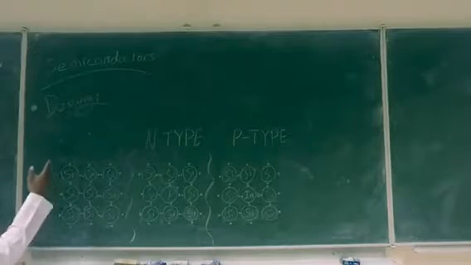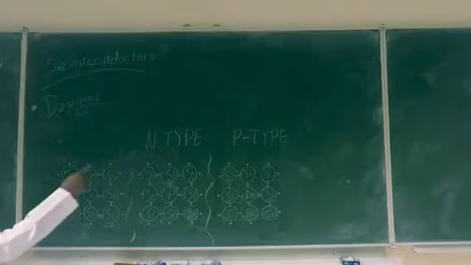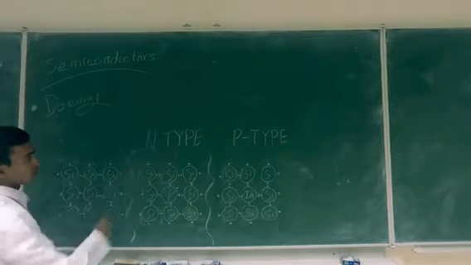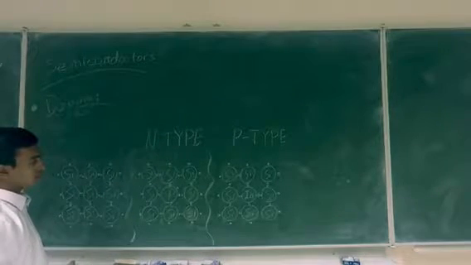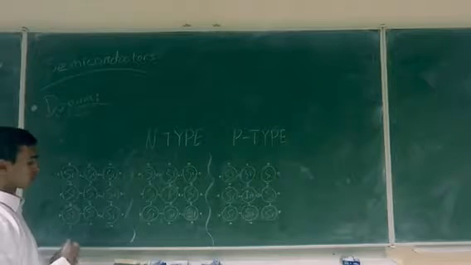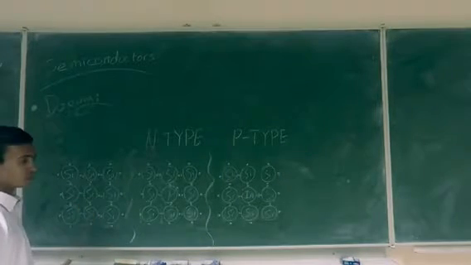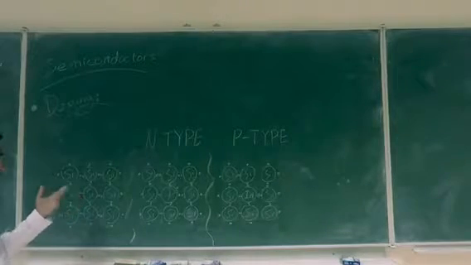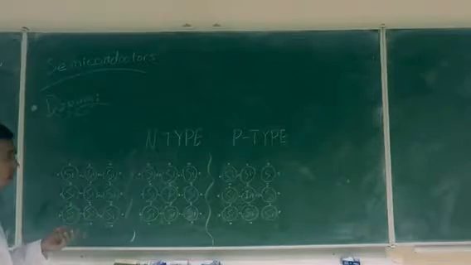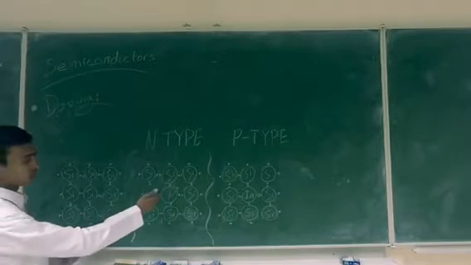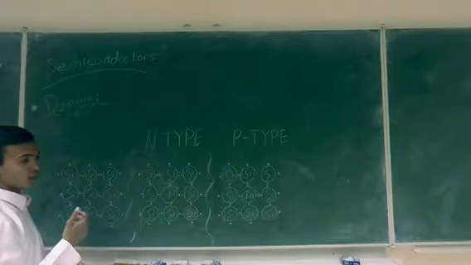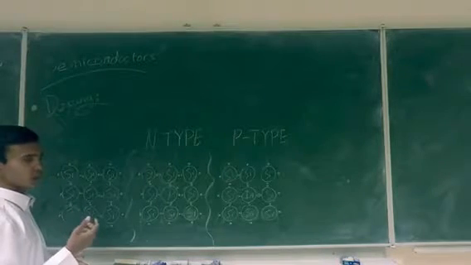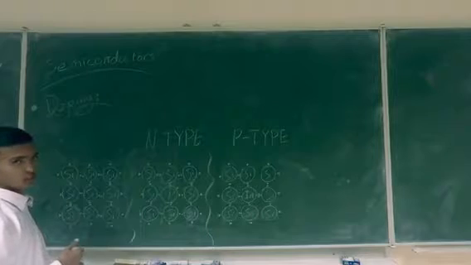We have two types of doping. We have N-type and P-type. First, the N-type. What makes it different from the pure semiconductor is that the pure semiconductor is doped by an atom of phosphorus, or an atom that has 5 valence electrons.